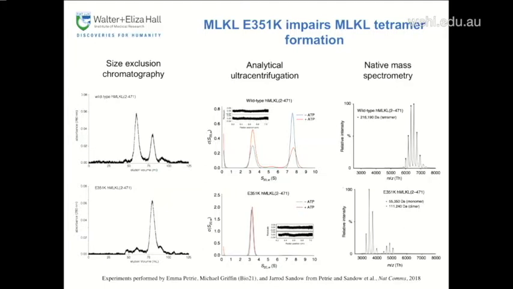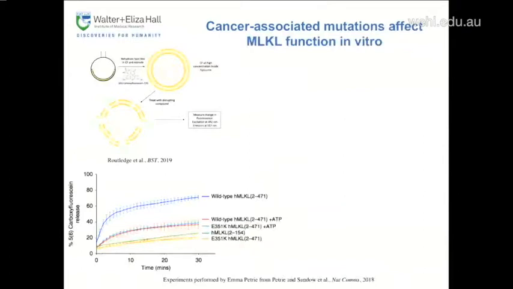Jared Sandow checked this species in the wild type and this one in the E351 and confirmed that this was tetrameric in nature, whereas this was monomeric and some of it was dimeric. So this mutation does impair the ability of MLKL to form tetramers.